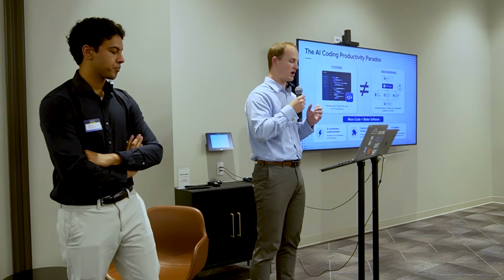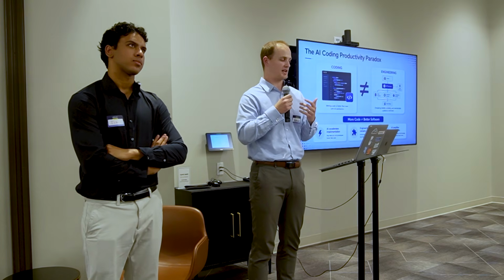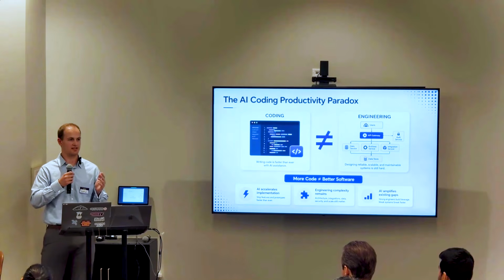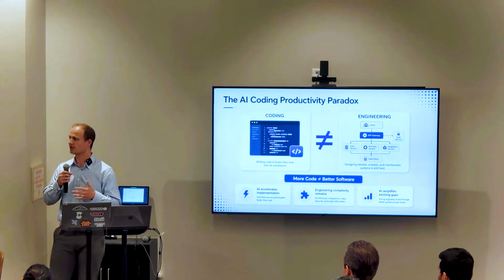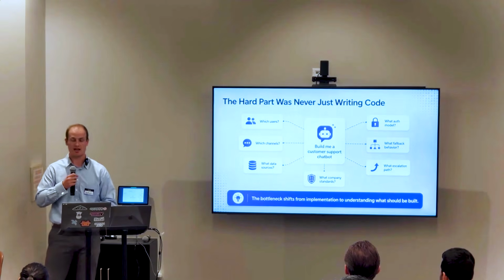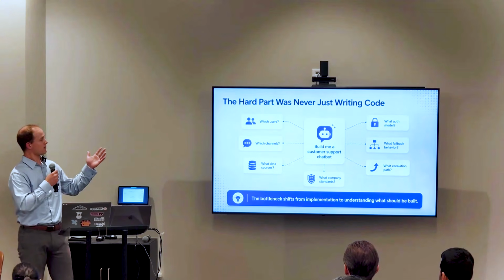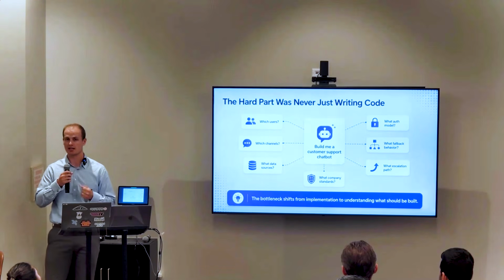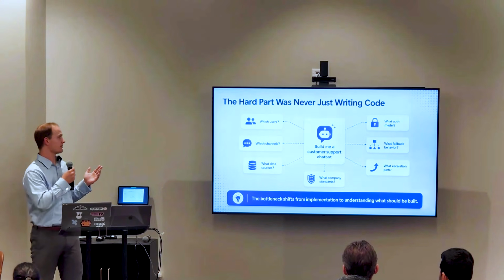Models can generate lots of code, but they still need to understand what we are building, who we are building it for, which systems it needs to integrate with, and what standards it needs to follow. Let's take an example. Let's say I ask my coding agent, I want to build a customer support chatbot. Now, immediately, there's a lot of questions here, right?